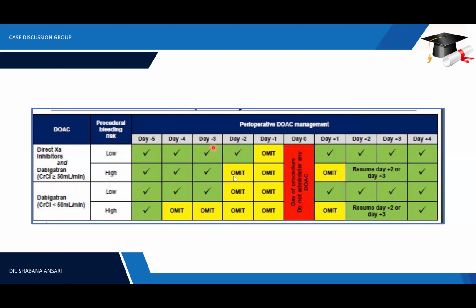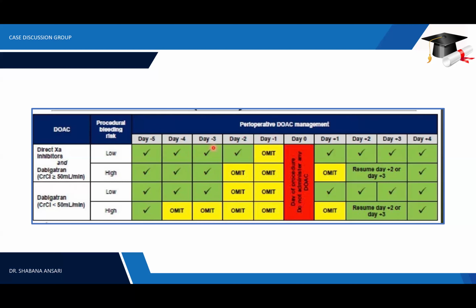Then they are telling when we have to omit it: 2 days prior to surgery, we will omit it, this yellow. Prior to this, we will continue the oral anticoagulant. On the day of the procedure, we will not administer any direct anticoagulants. That's what the red line has mentioned.